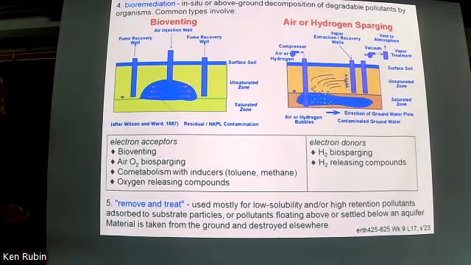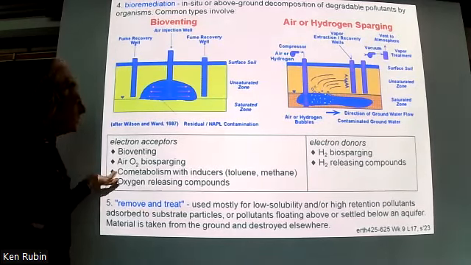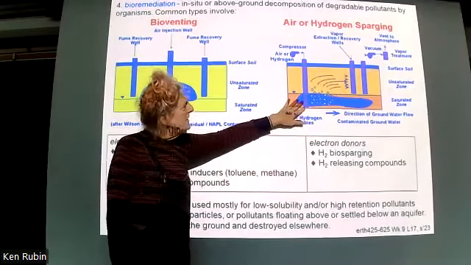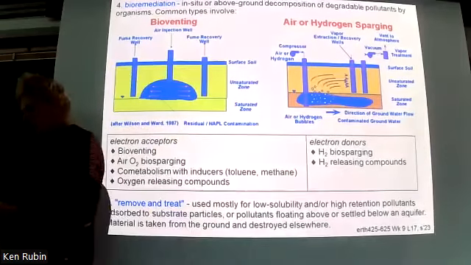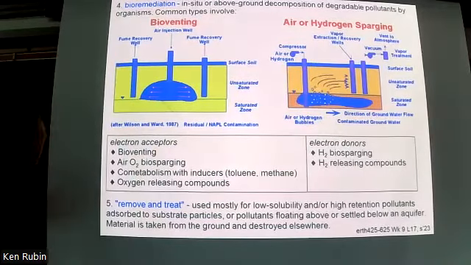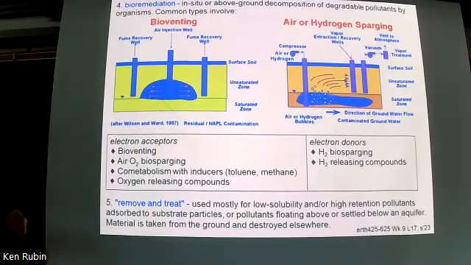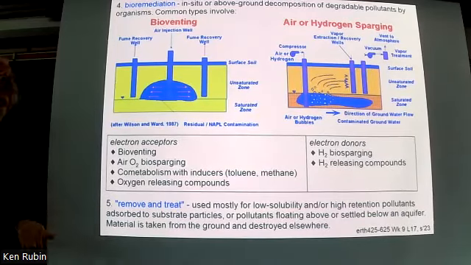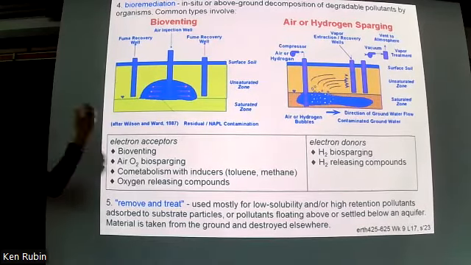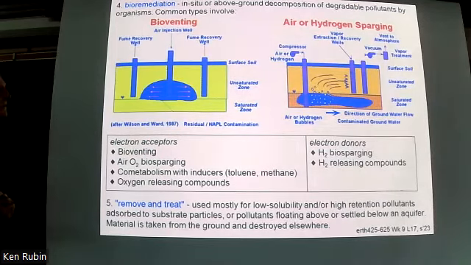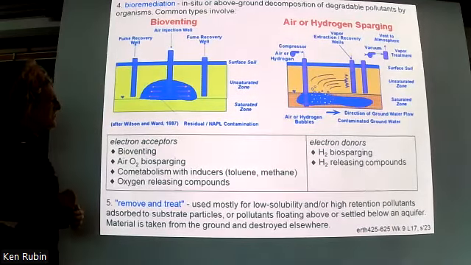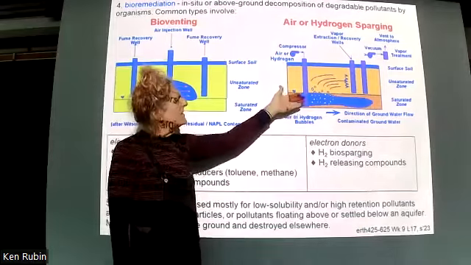You can also sparge in either oxygen or hydrogen to help enhance chemical or biological breakdown of chemicals in the subsurface. If you want them to be aerobic or anaerobic, you would use oxygen or hydrogen respectively. And these are processes that just help speed up the rate of degradation.